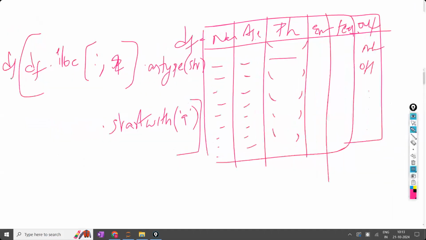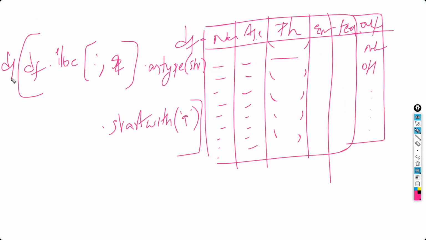Do you remember in the 1D array, how to separate the data based on the condition? A is equal to 11, 9, 8, 24, 30. Now I want the values which are greater than 20. How to write that one?